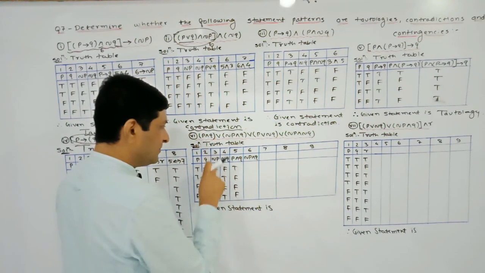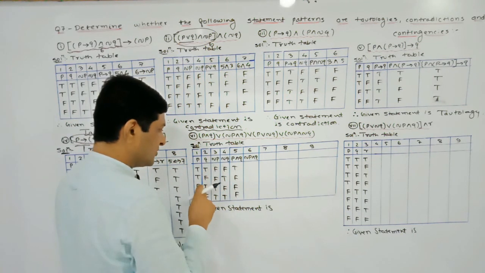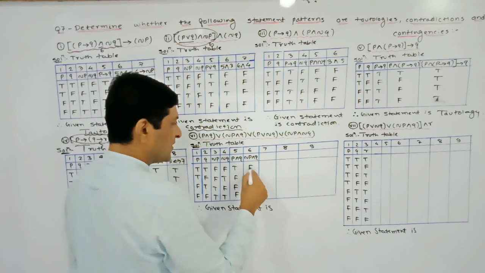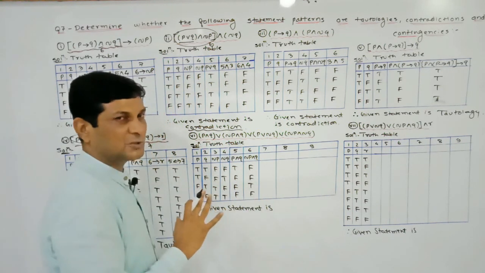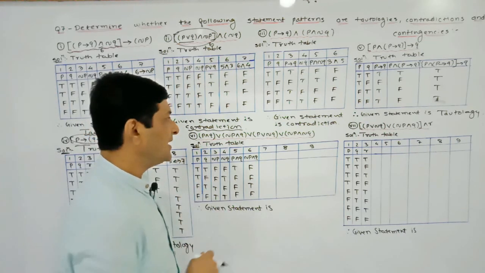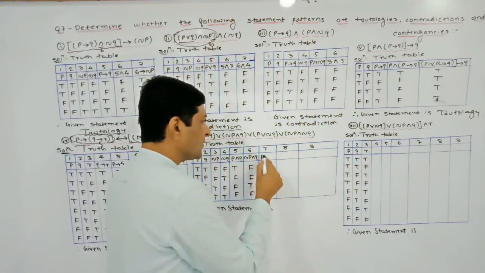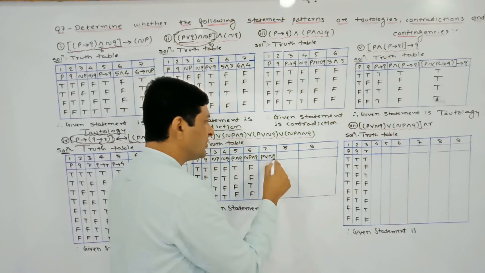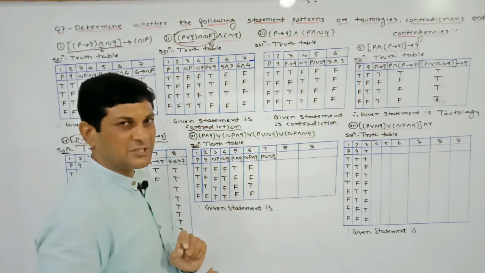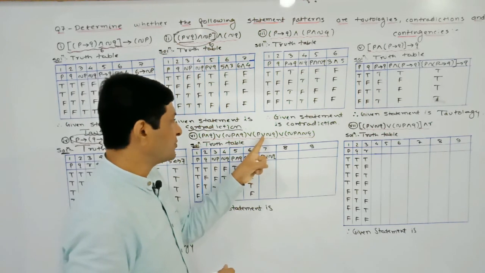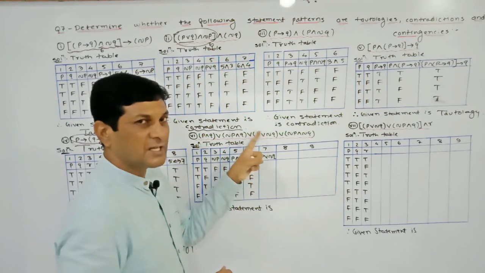Observe here negation P and this Q. False, false, true, false. If even one F comes, then AND becomes what? False. Later on, P or negation Q. Observe, these are truth value of P and these are truth value of negation Q. And here we are connecting these truth values by which logical connective?